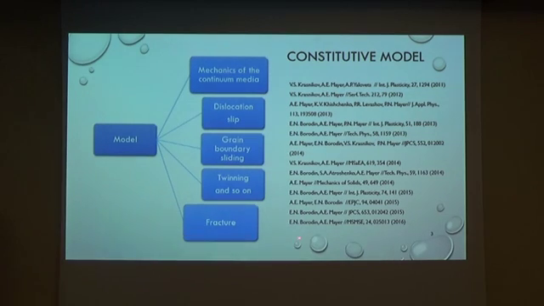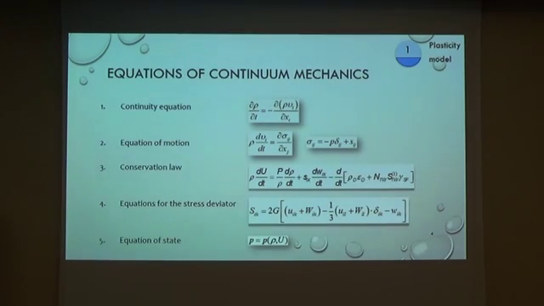And of course we include in our model a model of dynamic fracture. I will not show this part of our models. You can find it in our publication, and we'll discuss fracture models.